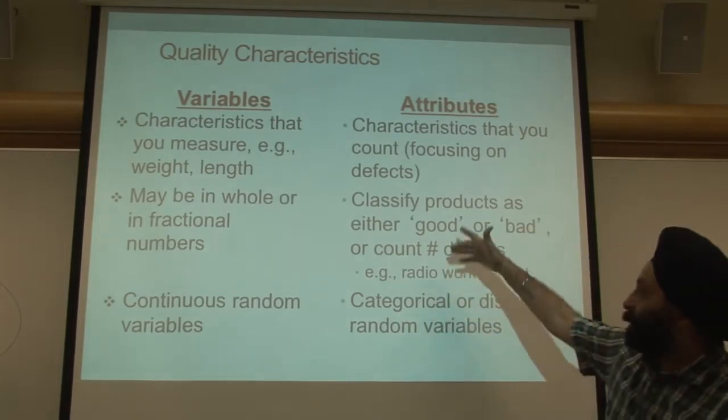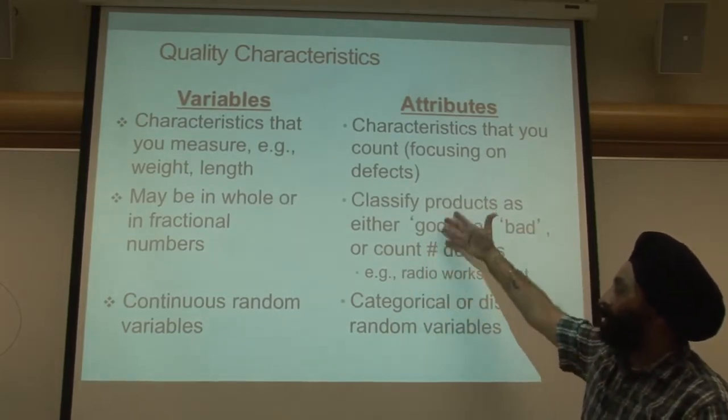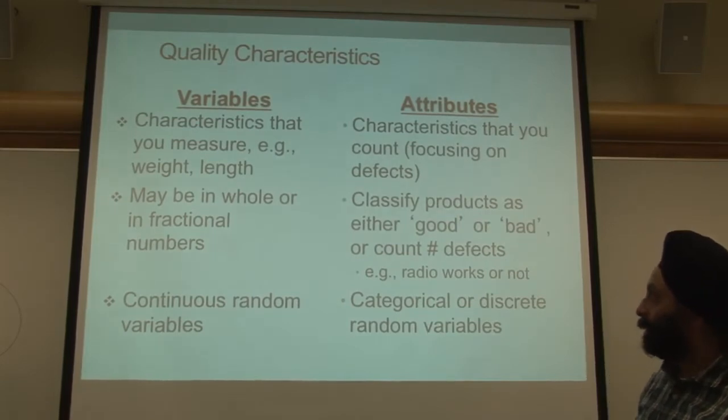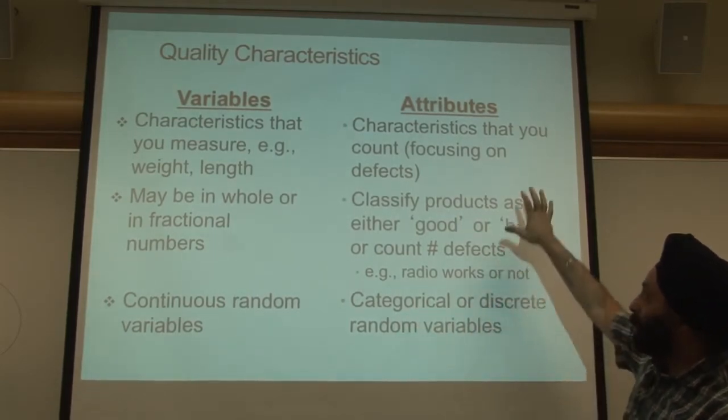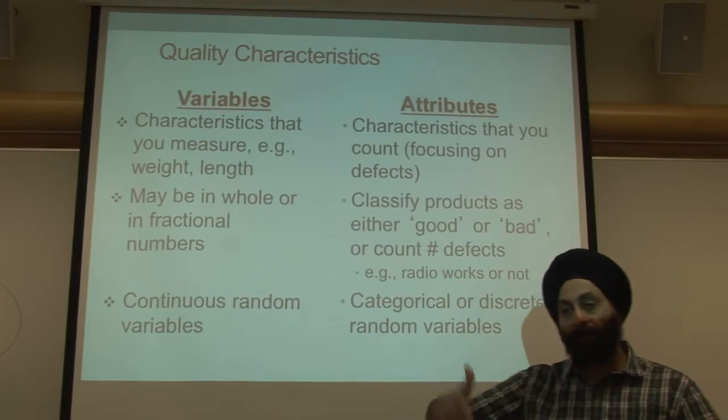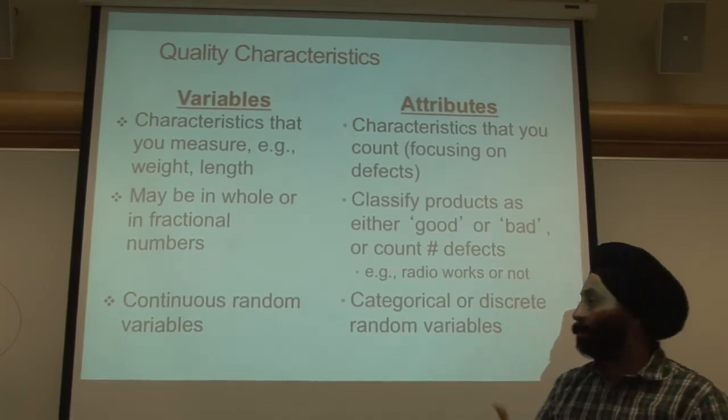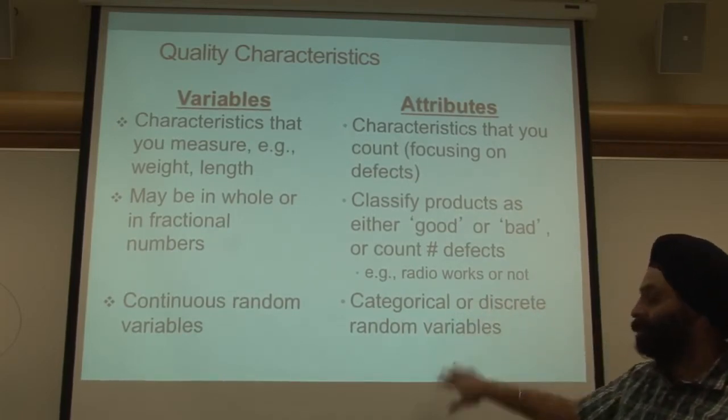So in this case, both of them have different types of charts associated with them. These attributes are categorical. Either it falls in one category or the other, but not both. And then these are discrete random variables.